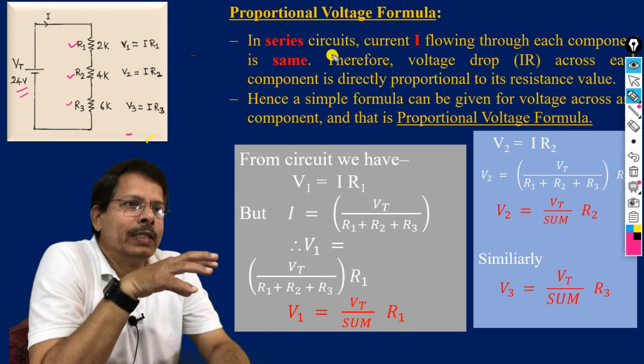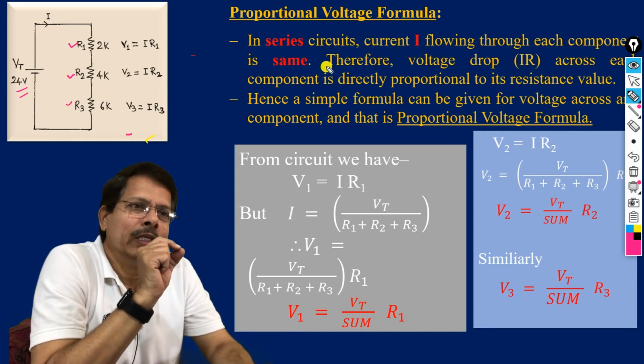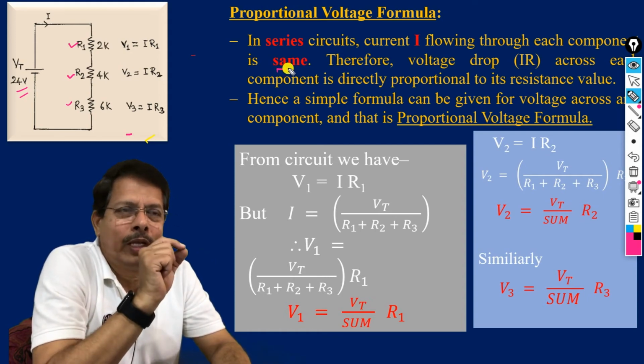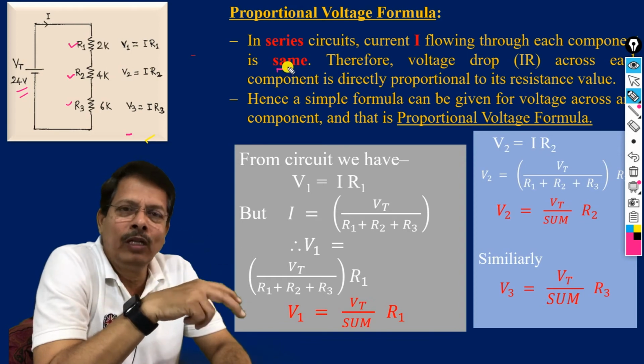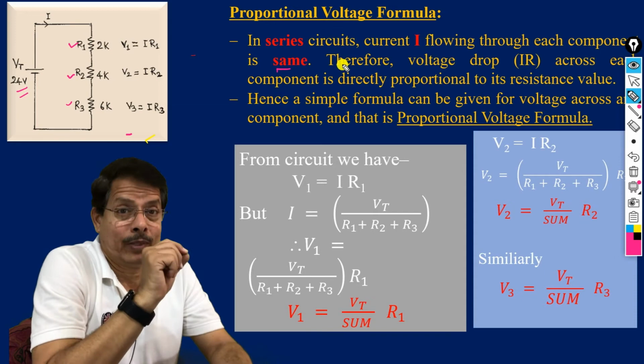See that in a series circuit, the current I flowing through each component is the same, because there is no other way for current. There is only one way, and therefore whatever the value of the resistor, the current flowing through all components is the same, constant.